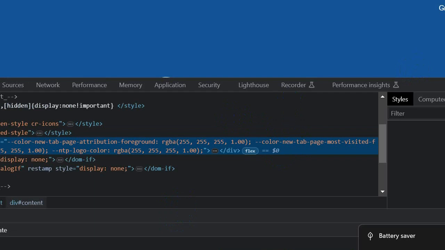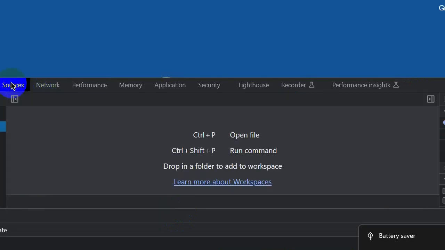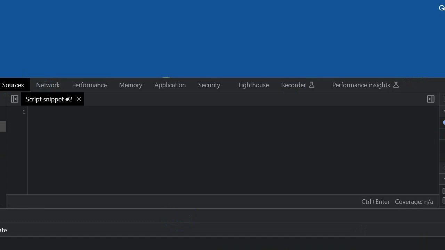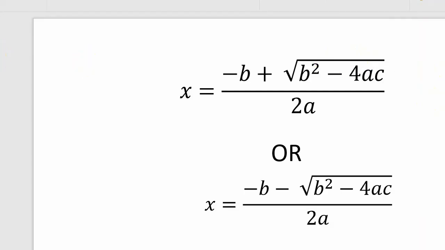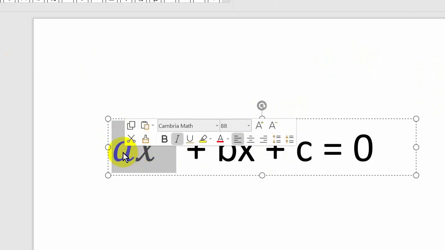Don't worry. What you have to do is go to sources. So I'm going to create a new snippet. Maybe just call it u.js, since it's the JavaScript I'm using. You have to understand a lot of things here now. ax squared.